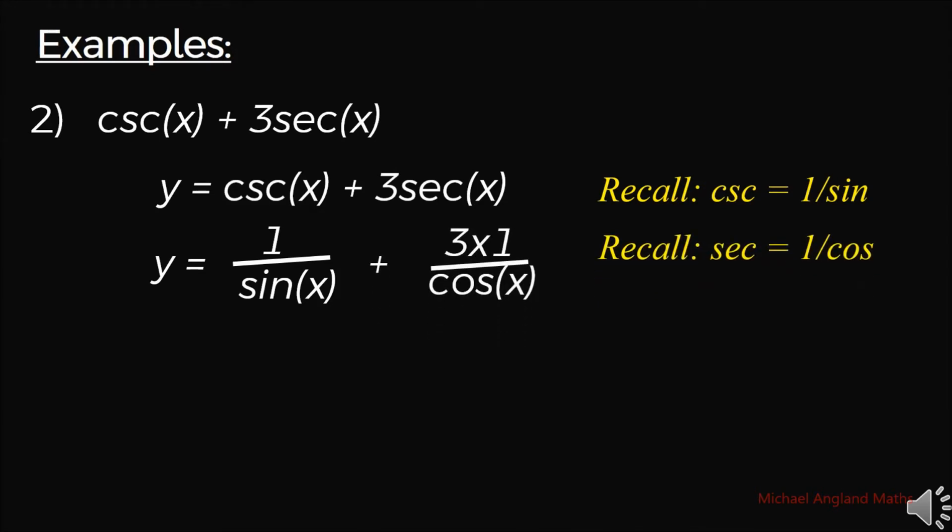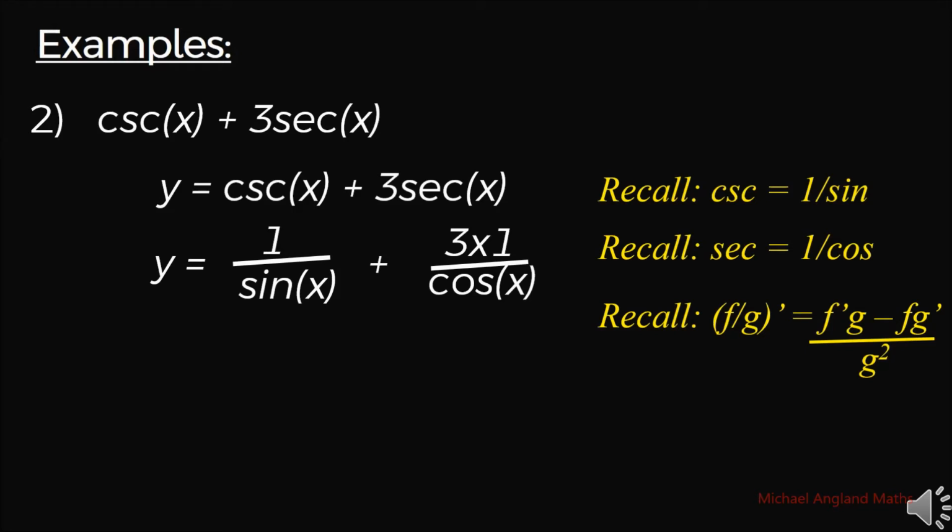So that's 1 over cos of x. Now, as we go through this, look carefully, we have y is equal to 1 over sine of x plus 3 over cos of x. At this point, we recall the rule for the derivative of quotients.